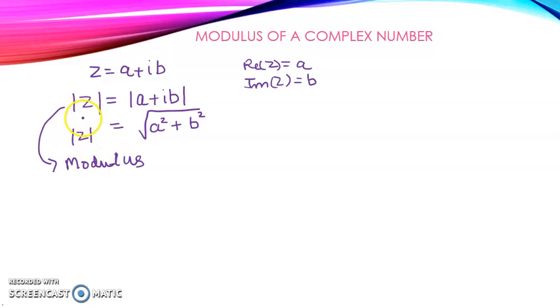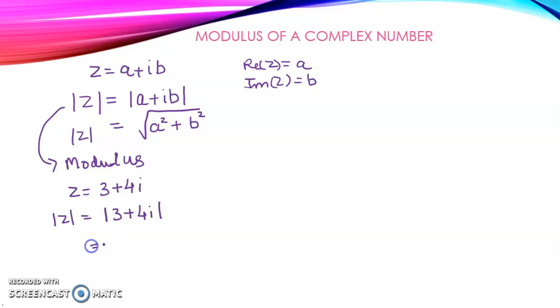Now for example, if I take z is equal to 3 plus 4i, I have to calculate modulus z. So modulus z is equal to modulus of 3 plus 4i.